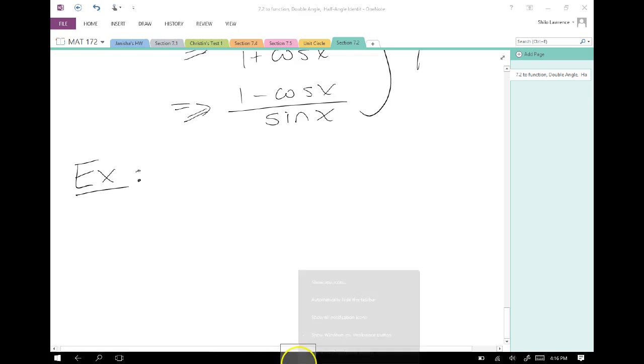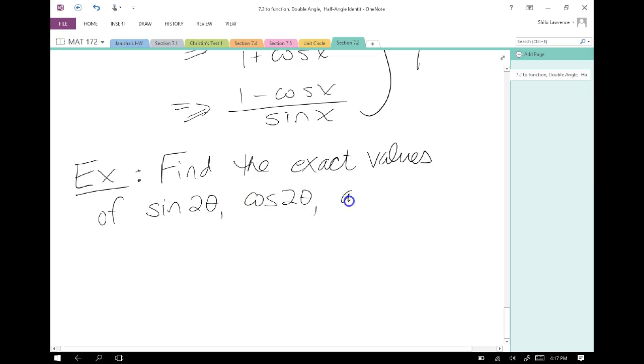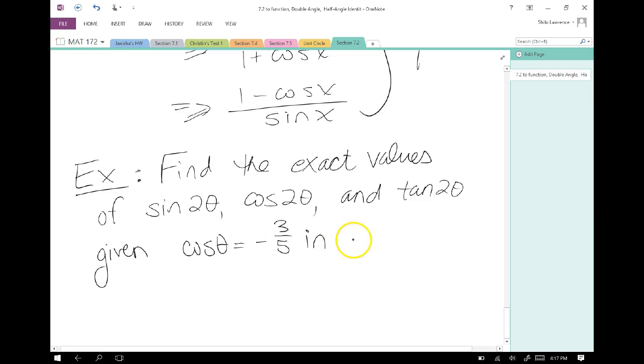So we are going to find the exact values of sine 2 theta, cosine 2 theta, and tangent 2 theta, given cosine theta equals -3/5 in quadrant 3.